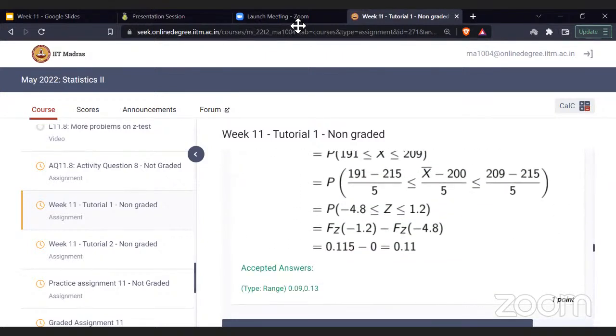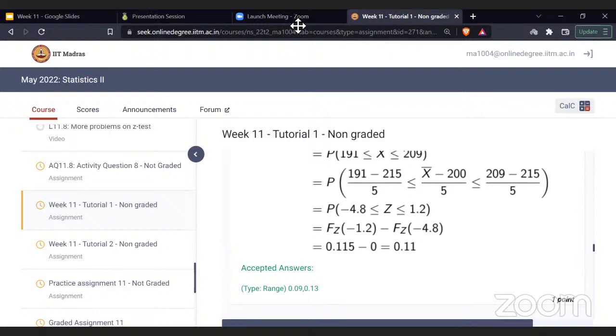Here, the probability of minus 4.8 less than or equal to z less than or equal to 1.2 is written as minus 1.2 here, subtracting Fz of minus 4.8. It is wrong. It should be the probability of minus 4.8 less than or equal to z less than or equal to minus 1.2.